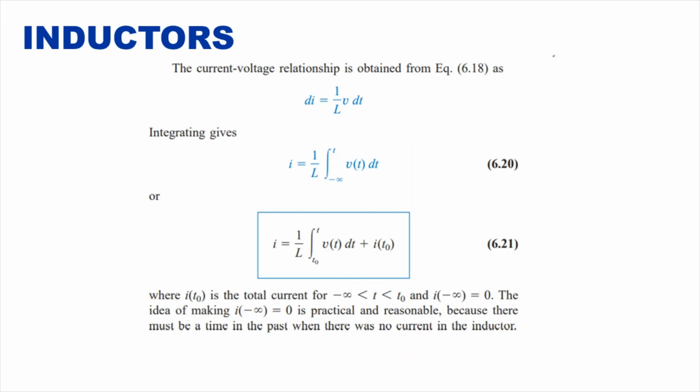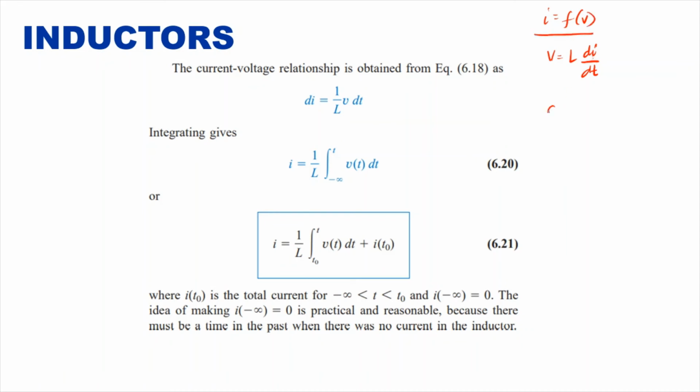So, mag-umpisa tayo sa equation na V is equal to L di over dt, yung una-una nating equation. And then, we have to find the I, voltage relationship, I as a function of V. Yan yung goal natin.